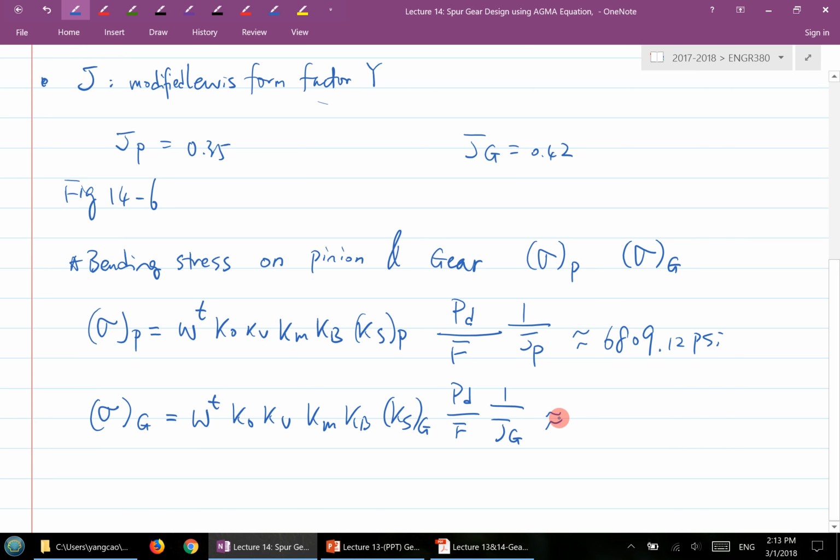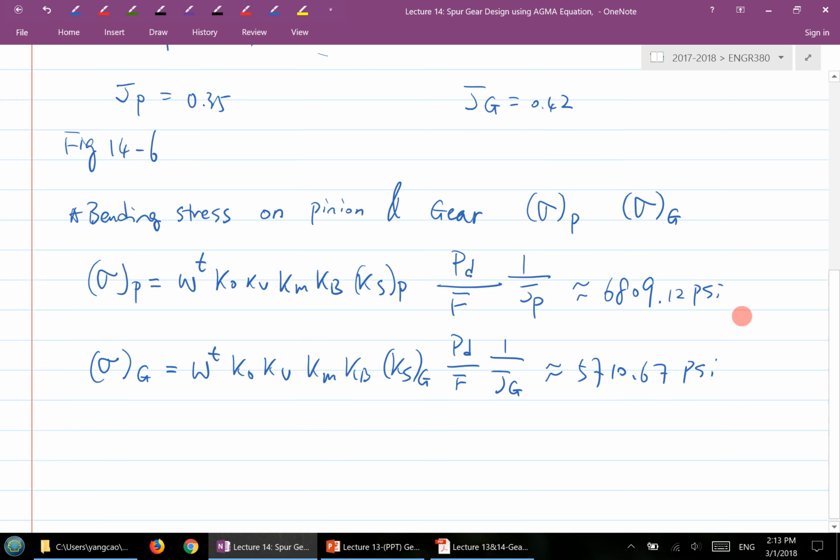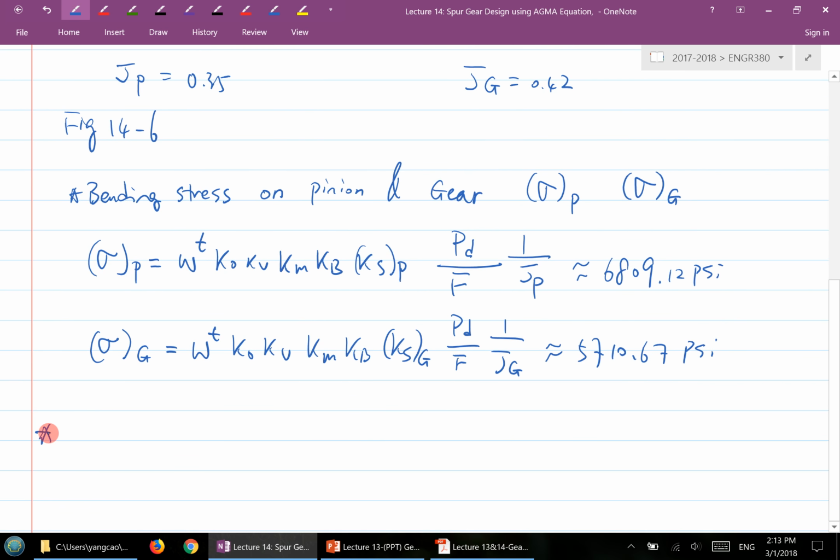So this one will give us a value of, it's not very clear, 6,710.67 psi. And up to here, you get the bending stress for both the pinion and the gear.